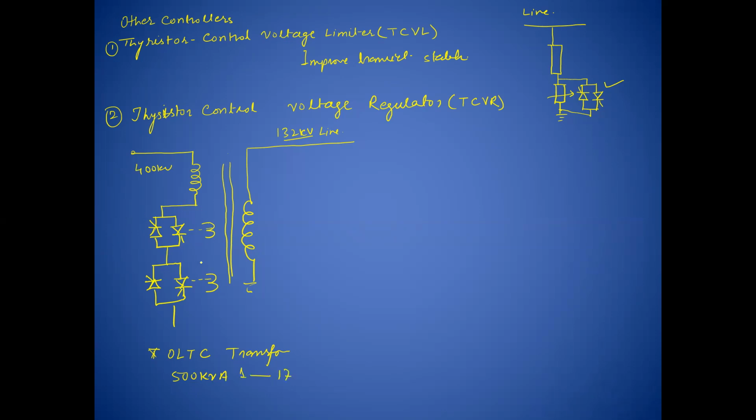But it can be done with the help of a more sophisticated method, that is SCRs, which avoid the switching or arcing phenomena inside the transformer. So it is called a thyristor controlled voltage regulator. This is a brief description of different types of FACTS controllers.